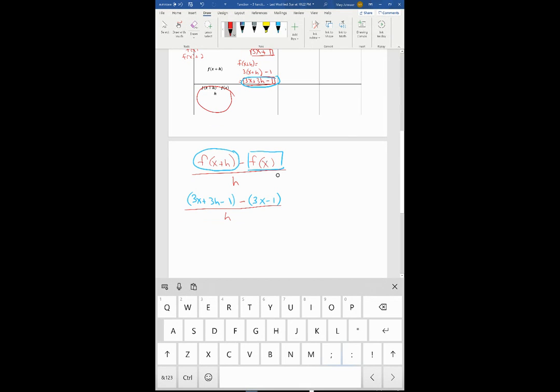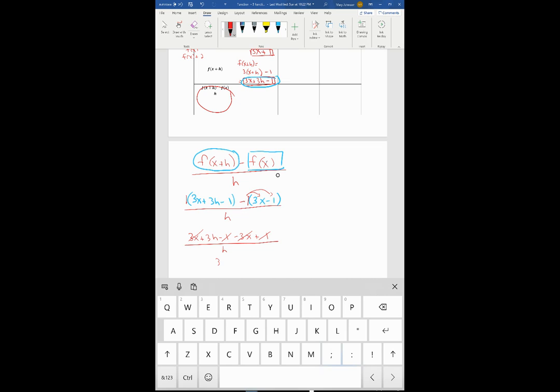All right, so let's see what we get. There's an understood positive 1 here, an understood negative 1 there. So this would just be 3x plus 3h minus 1. But here, when you distribute, you see how you'll get negative 3x plus 1? And then all of that divided by h. So the x's cancel. Negative 1 and positive 1 would be 0.